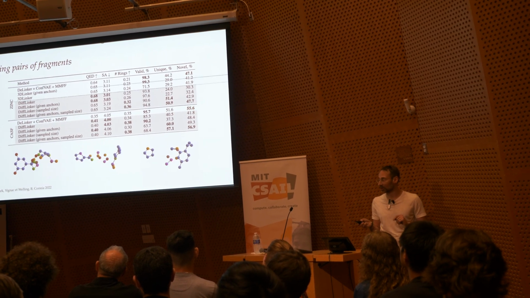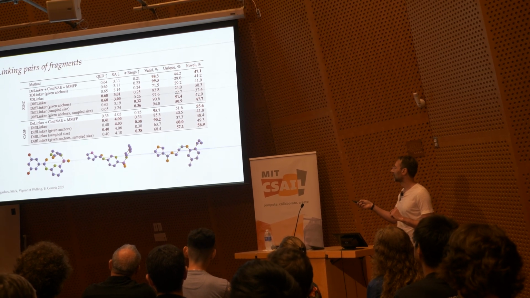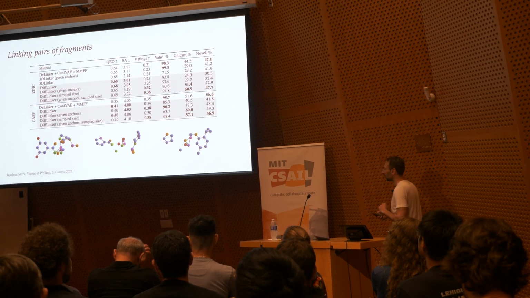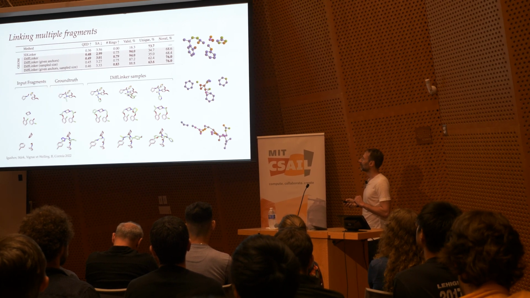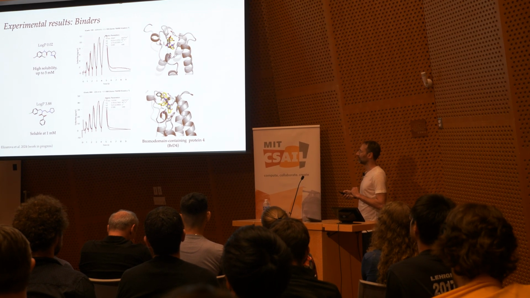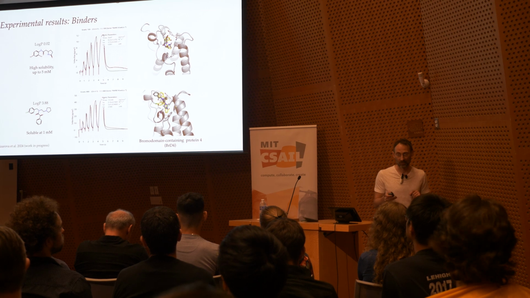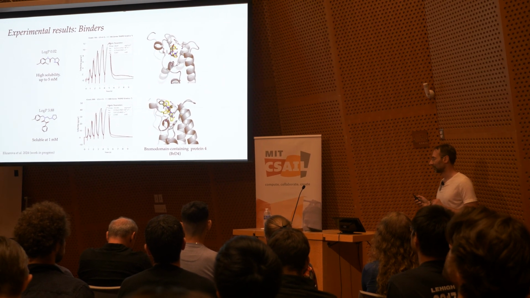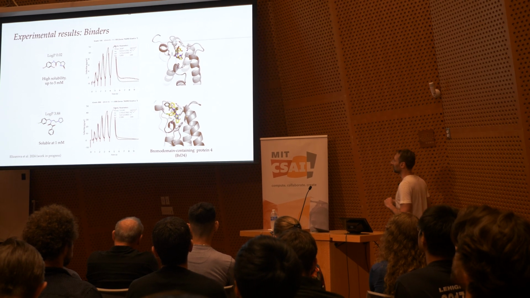This is how it works. We have these fragments, and the generative model generates a way of linking them, and we can do it with multiple fragments. We also have some experimental validation showing that the molecules we create do actually bind the target proteins.